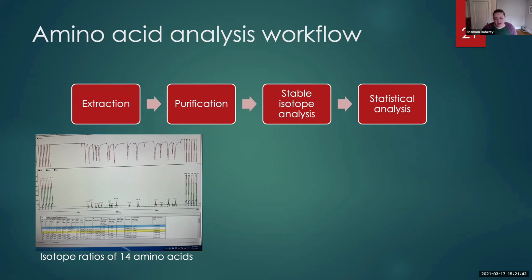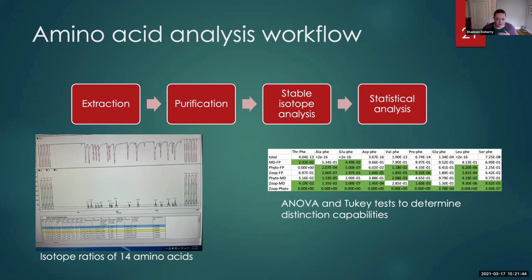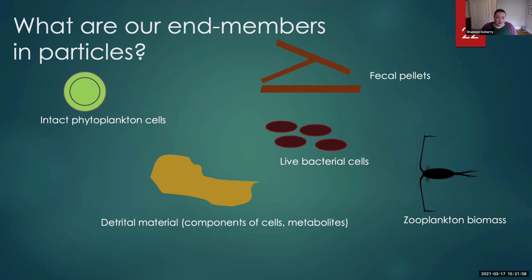And then once we have those isotope ratios, I can run statistical analysis. In this case, I did ANOVA and Tukey tests to determine the distinction capabilities of each of these amino acids on our end member groups. And these end member groups have to be things that are also in particles.